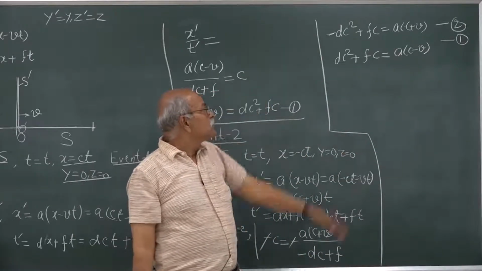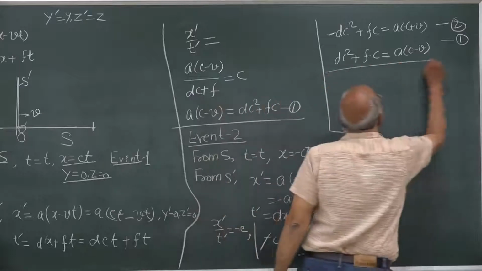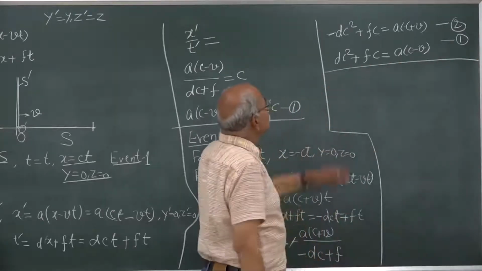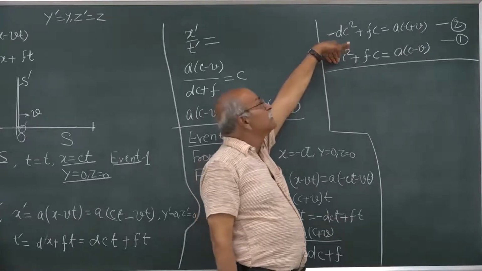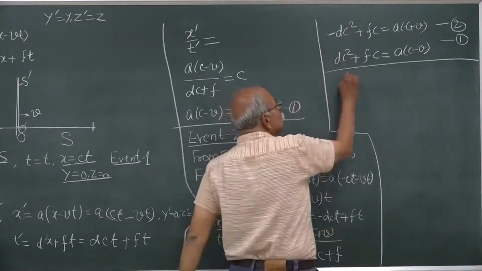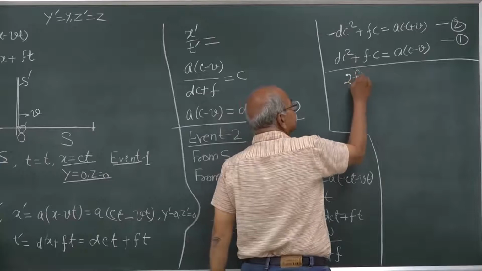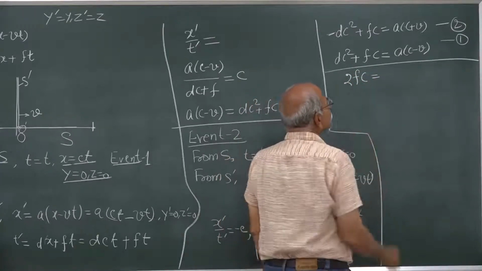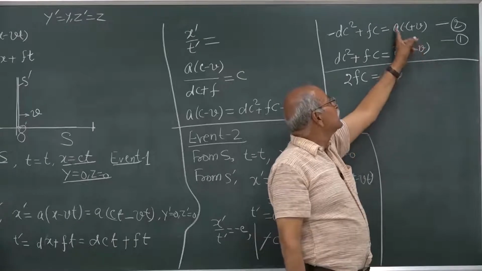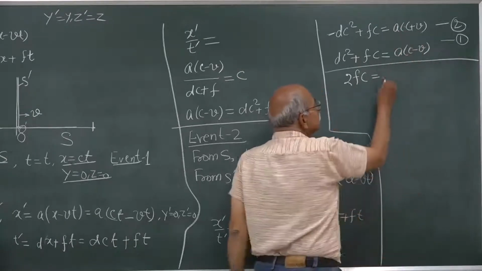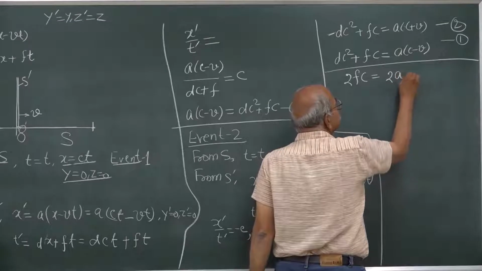Now, you add these two. This minus d c square cancels with this plus d c square, f c plus f c will be 2 times f c, and that is equal to this a v and minus a v will cancel out and a c plus a c will be 2 times a c.